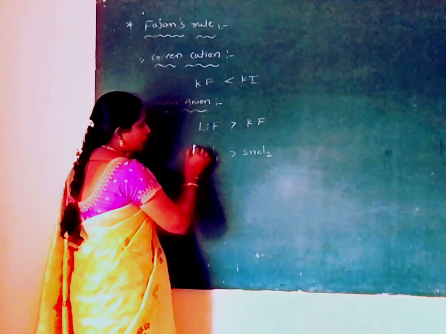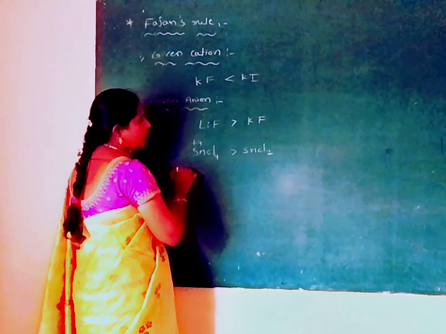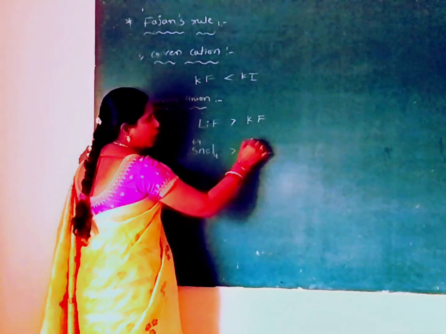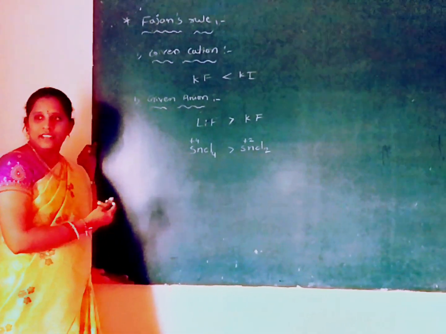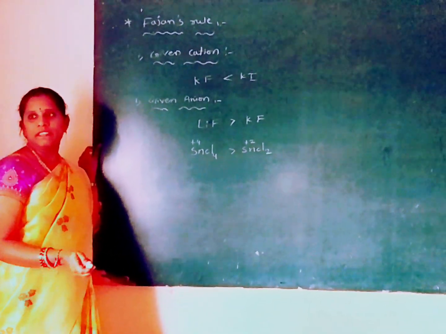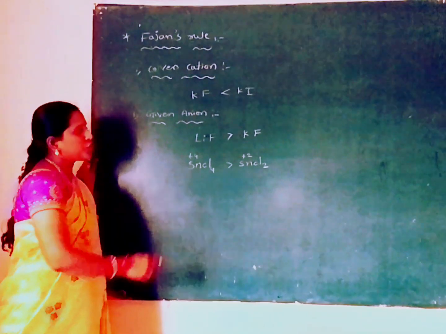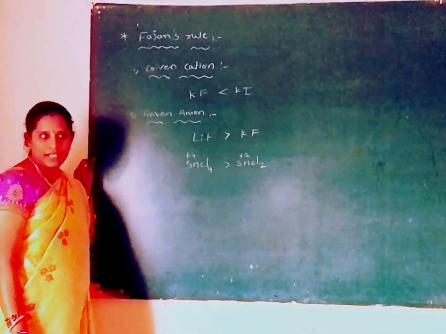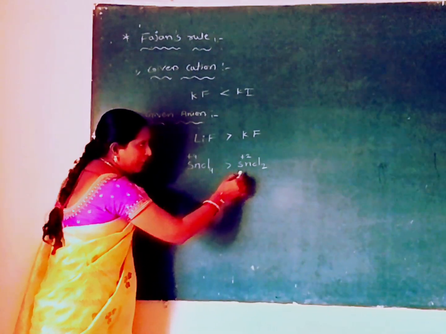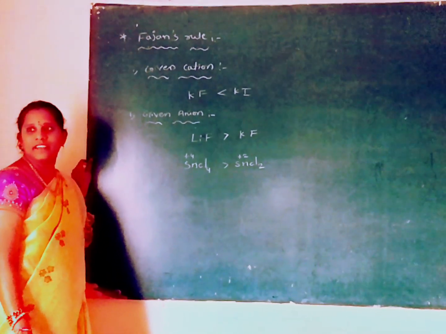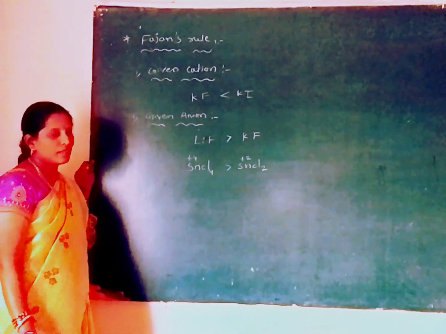Tin tetrachloride has a +4 charge, and here it is +2. So covalent character increases with increasing charge of the cation. Tin tetrachloride has more covalent character than stannous chloride.